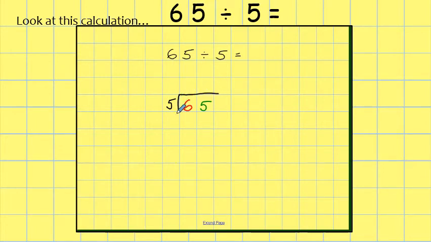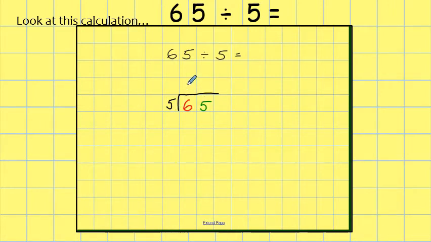So this bus stop becomes our division sum. The divisor, we're dividing the number inside the bus stop by the number outside of the bus stop. So looking at the tens, the digit that's in the tens column, how many lots of 5 go into 6? So we're thinking that way. How many 5s are there in 6?